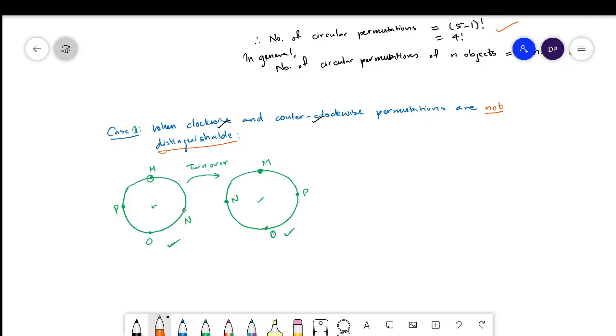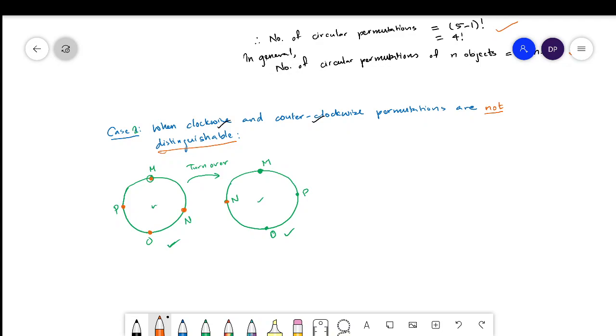But if we fix the position of N and we form the garland, again we will see another case of duplicate arrangement. Meaning, if we have (n minus 1) factorial arrangements, then there will be duplicates.